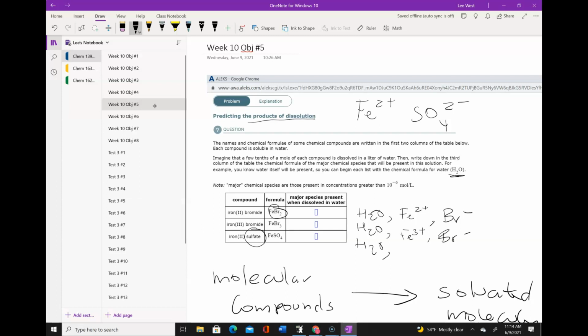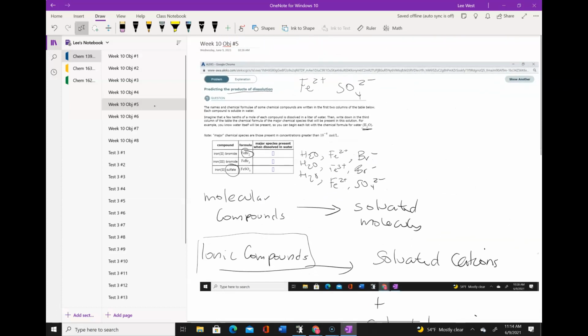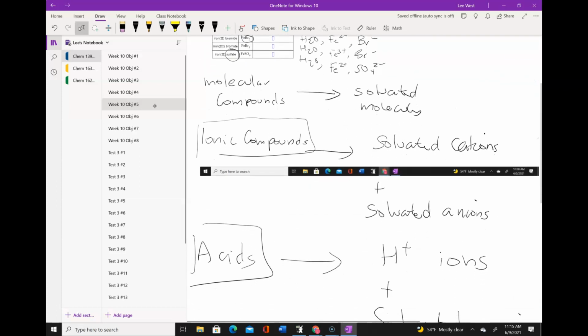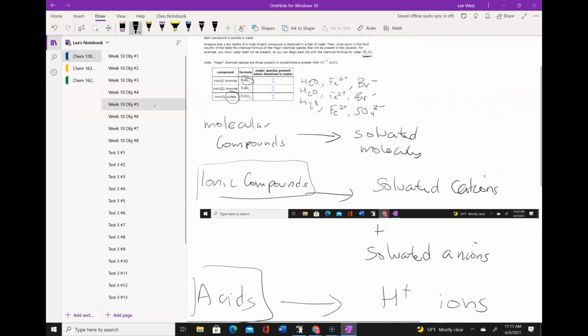I knew it had to be 2+ because these are in a 1-to-1 ratio. So it's Fe2+, SO4 2-. So there we go. All right, just keep that in mind. Ionic compounds are going to separate out into two things, the solvated cations and anions. Acids will also separate out into two things, hydrogen ions and anions.